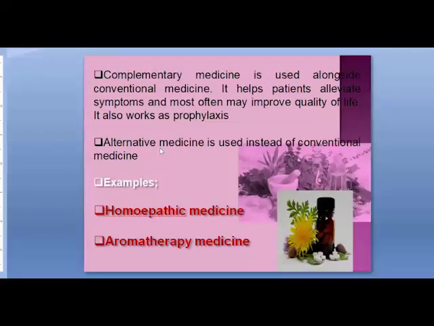Then one thing that we have established is that they have a holistic approach, where the patient is seen as a whole and not just the disease which they have.